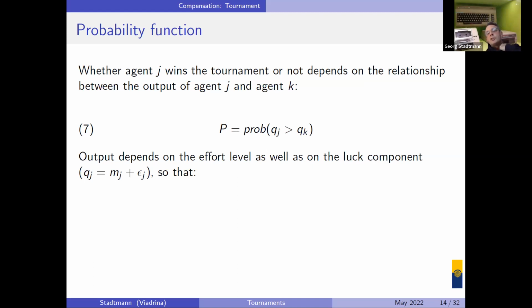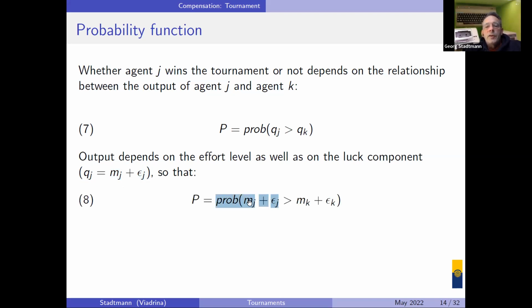So whether agent J wins the tournament or not depends on the relationship between the output of agent J and agent K. The output depends on the effort level as well as the luck component. So for QJ, the output depends on the effort level, MJ, plus the luck component, epsilon J.